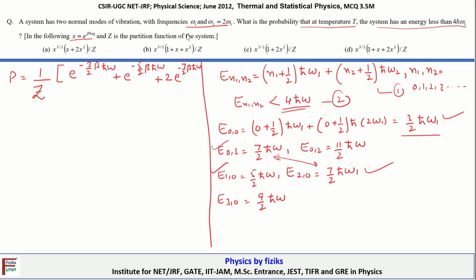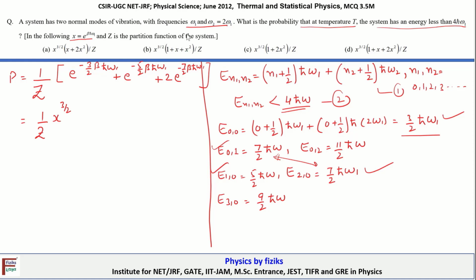In principle this is not omega but omega 1, and then bracket close. So this can be written as 1 upon Z times x to the power 3/2. What is x? That is e to the power βħω.